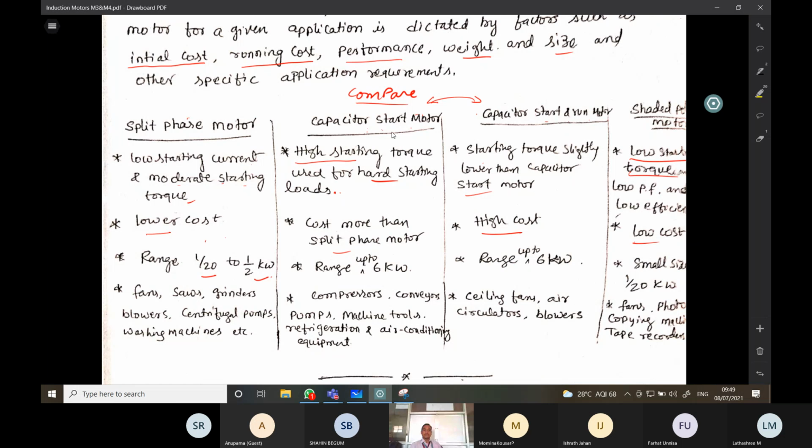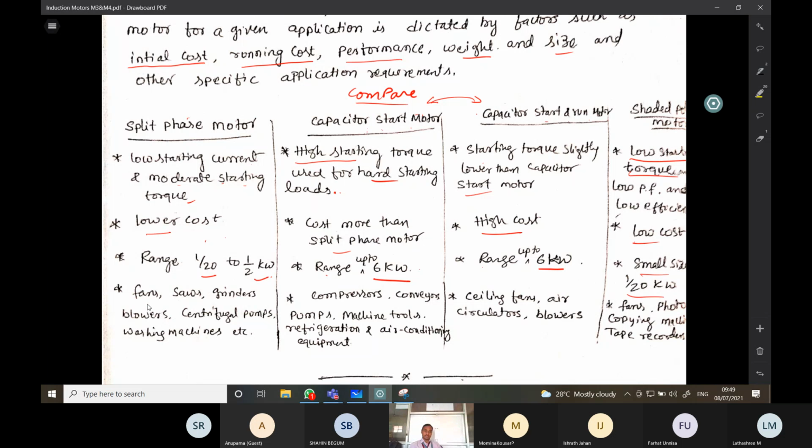The capacitor start motor is available up to 6 kilowatt, a higher range compared to the split phase. The capacitor run motor also ranges up to 6 kilowatt, both are the same. The shaded pole motor is small in size, about 1 by 20 kilowatt.